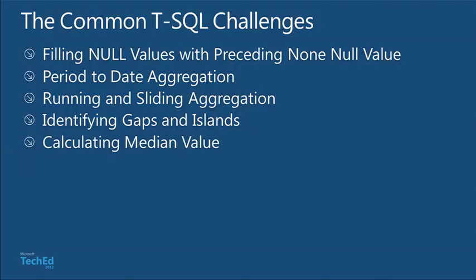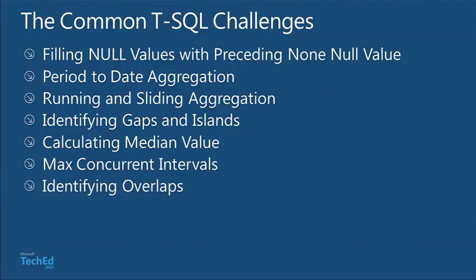Then we have calculating the median value. This is also another challenge. Has anybody found calculating the median value hard? Yes, there's some. Then max concurrent intervals: lots of people log into sessions, log out and log in, and you try to find the maximum number.